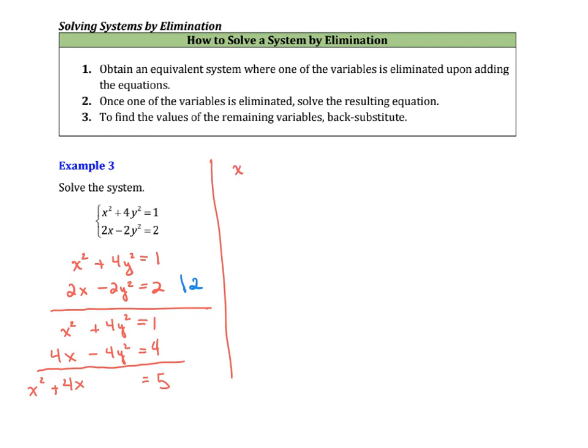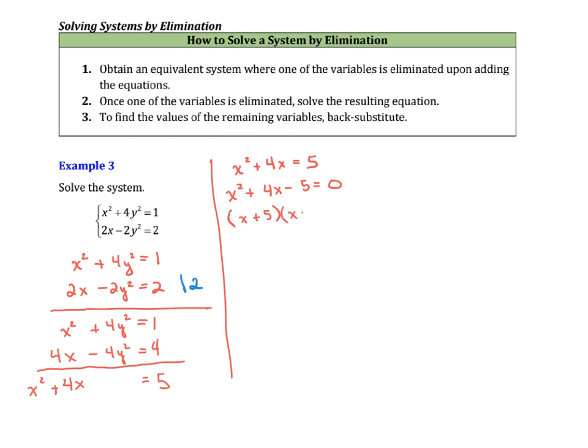So notice there are no more y's. So we have x squared plus 4x equals 5. This is quadratic, so we'll get one side equal to 0. And now that factors.